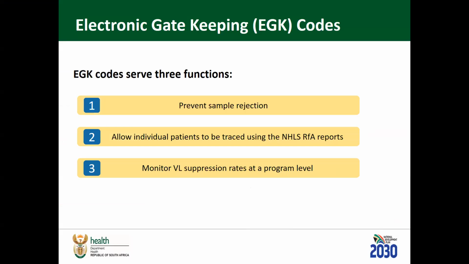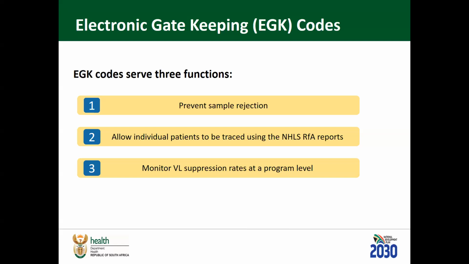So essentially, for maternal viral loads, there was this electronic gatekeeping system which was already in play. In the 2019 clinical guidelines, there was an update whereby all HIV-infected women at time of delivery were recommended to have a viral load test, irrespective of when their previous viral load test was done.